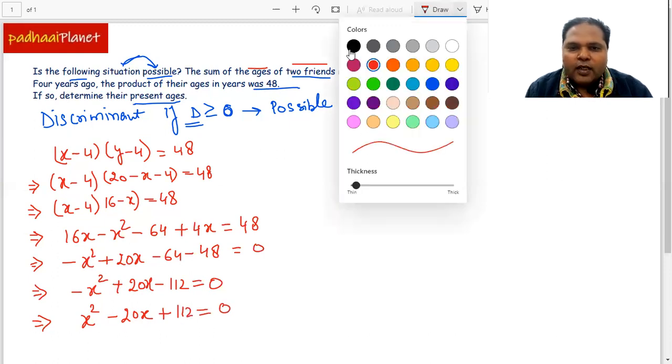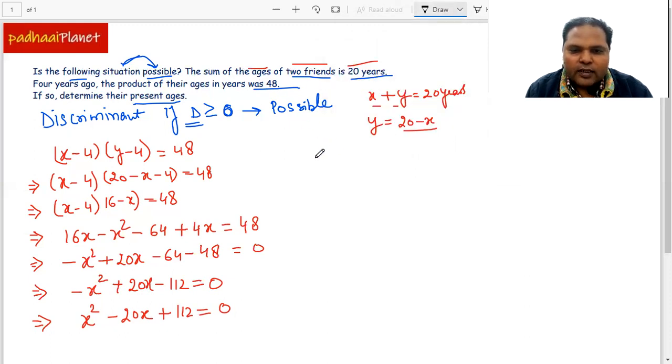Now we have got our quadratic equation, and what we need to do is find out the value of D for this particular equation.